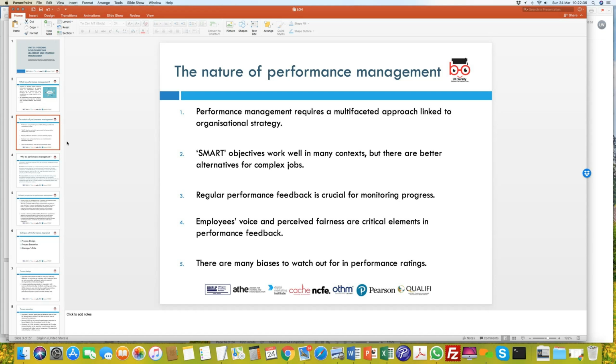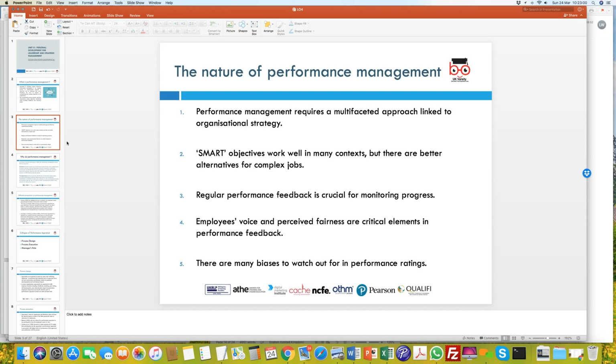So basically, those targets are meant to be SMART. We come across this acronym a number of times, and SMART stands for specific, measurable, achievable, realistic, and time bound. So when you accept targets, when you're given targets, you always look at them objectively from the point of view of utilizing SMART as a terminology.